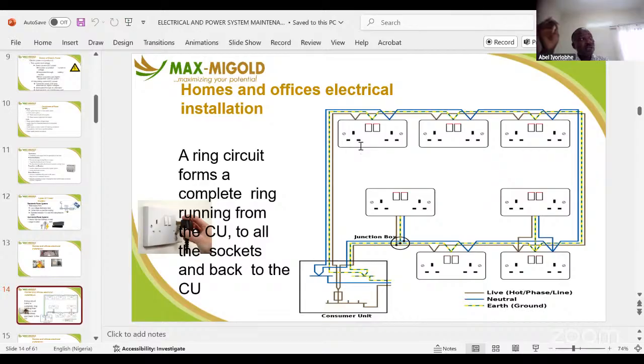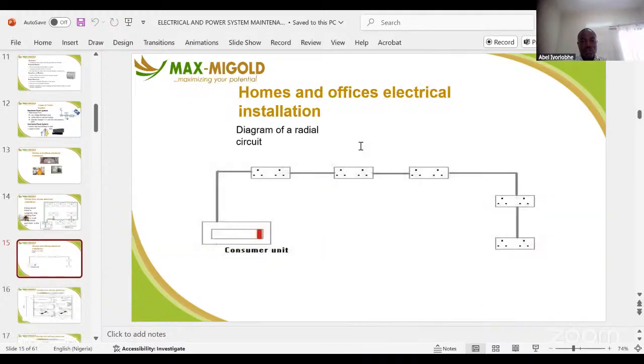The difference between the two, I will let you know. Radial, on the other hand, is where you are distributing from the distribution board to where you need the supply. From your distribution board to the kitchen where you use an electric stove, from the distribution board to the laundry room where you use an electric iron and washing machine.